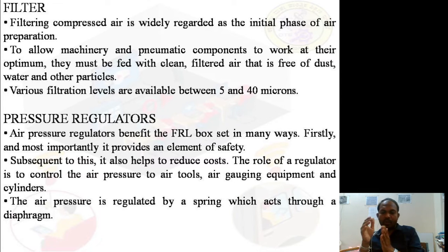Now after the compressor, what is happening is, even in the compressor we will be having some moving parts, my dear friends. So there are chances where inbuilt particles, contaminants, may also get generated in the compressor.